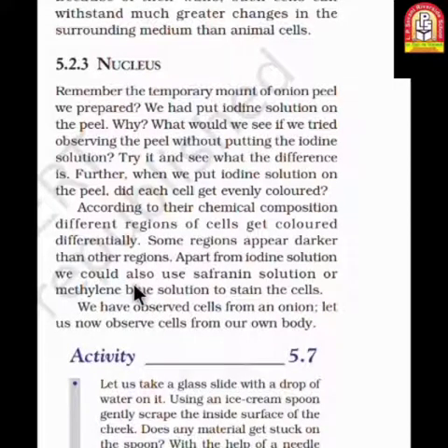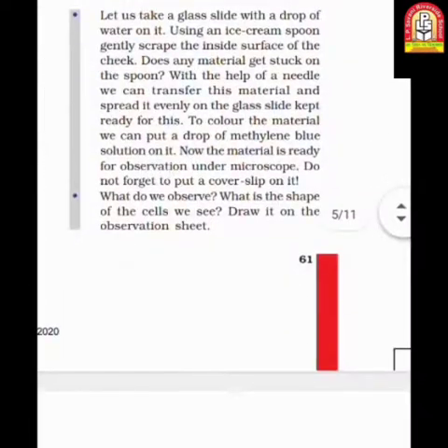The reason for using dye is that we can see the different regions in different amounts of color stain. Because of the different composition or the amount of material, it will stain accordingly.